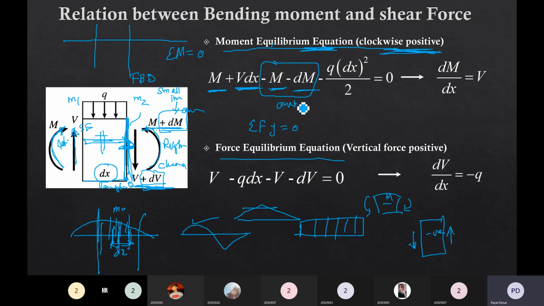This is anti-clockwise, so I have written minus M minus dM plus and minus whatever.